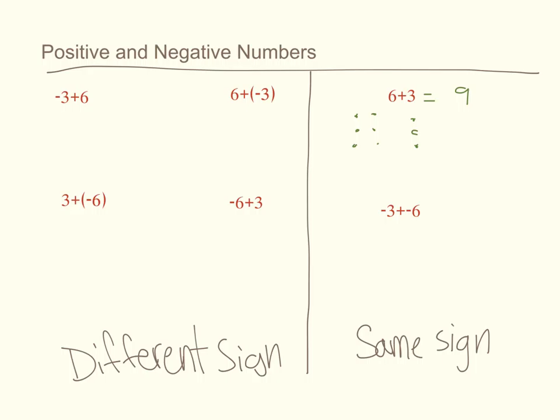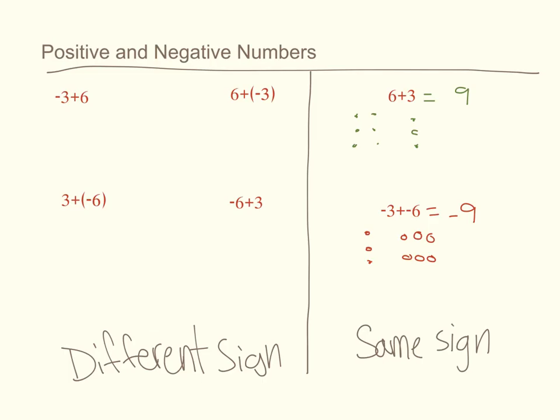The same thing with negatives. You're in the hole, or you owe people $3, then you borrow $6 more. Again, you add them. You owe somebody $9. So you're in the hole $9.